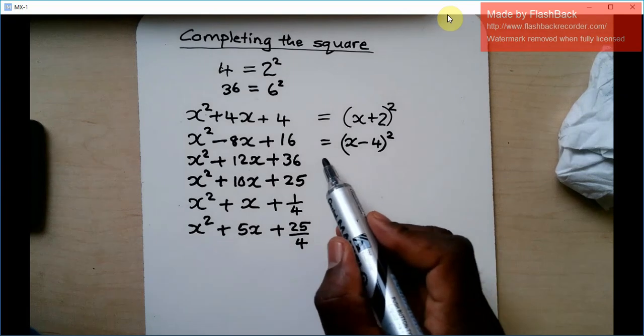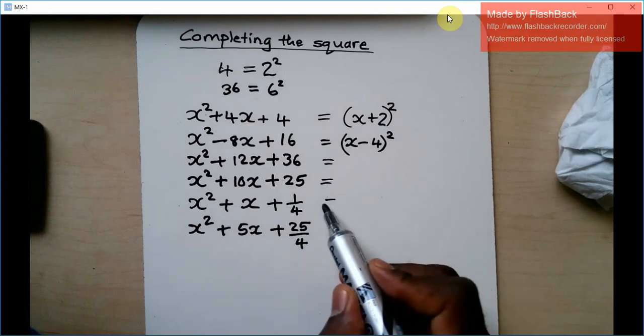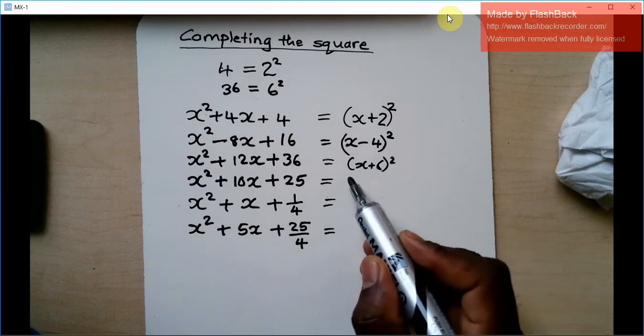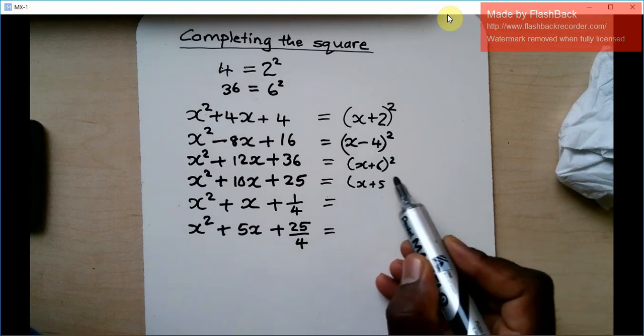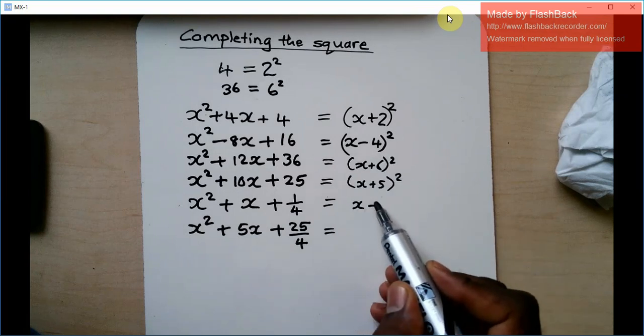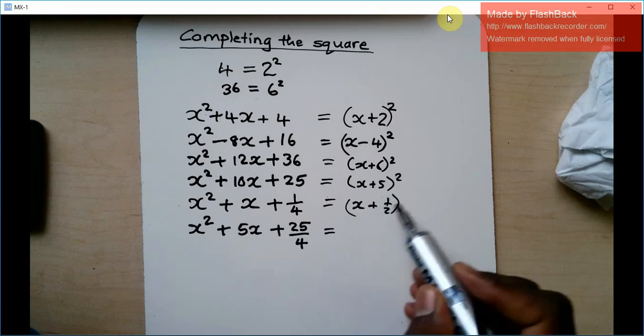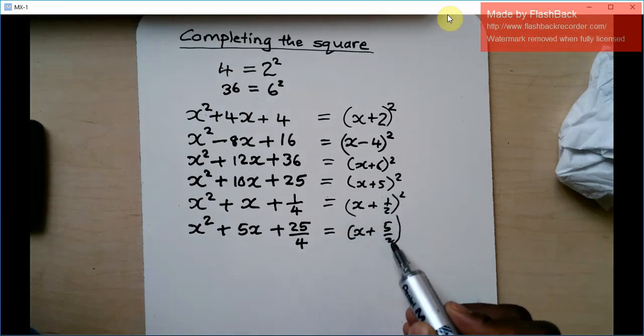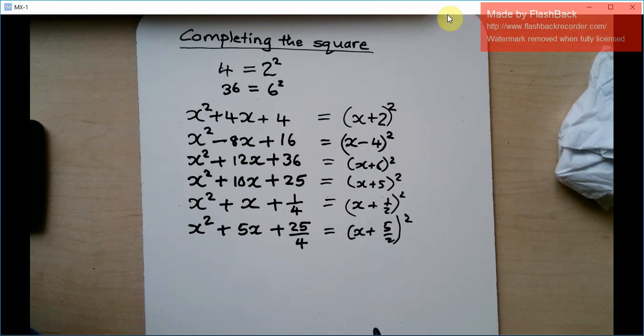And all these you can express as x plus 6 squared, this one, x plus 5 squared, x plus a half squared, and x plus 5 over 2 squared. These are called perfect trinomials.